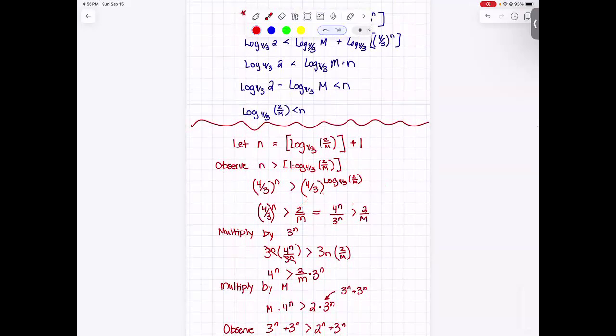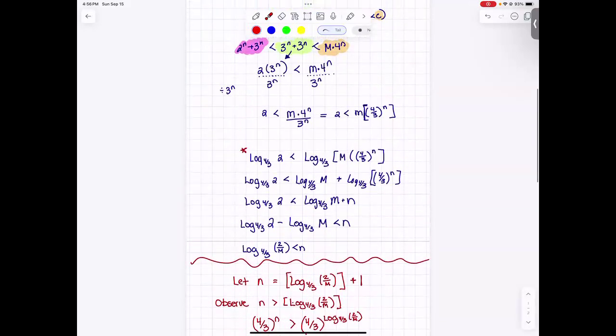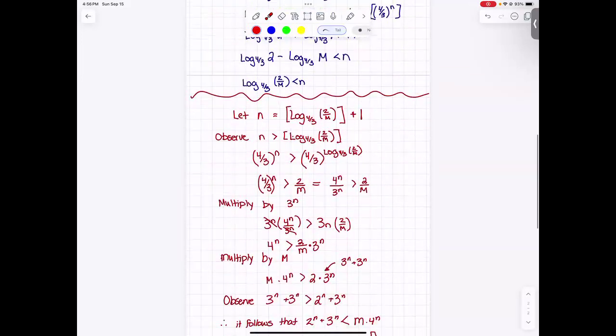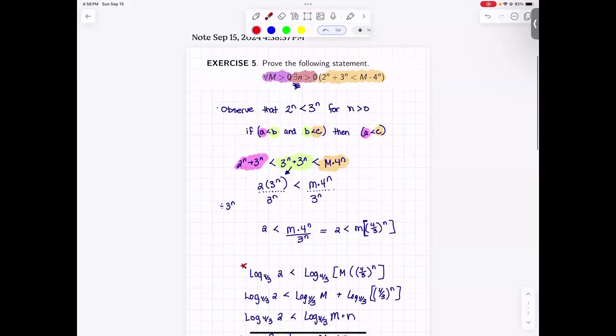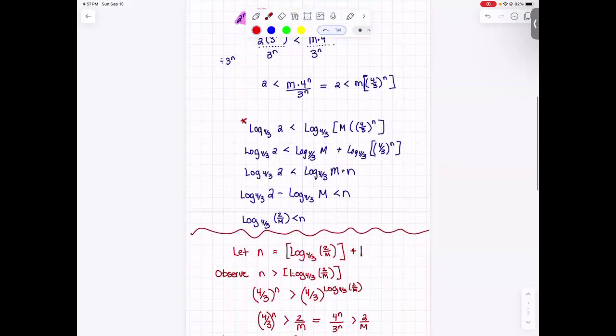Once we've done that, we're going to go back up and continue to look through what we did. We divided both sides by 3 to the n. So we went and multiplied both sides by 3 to the n. What else did we do here? One step before that, let's see. Oh, yes.